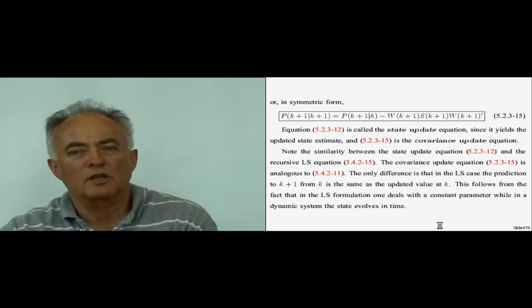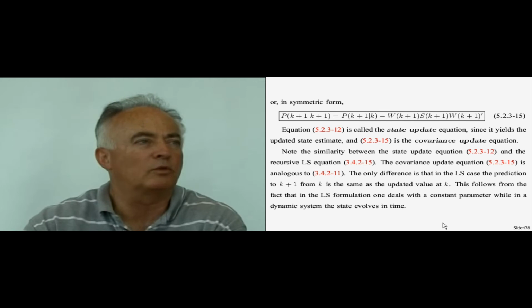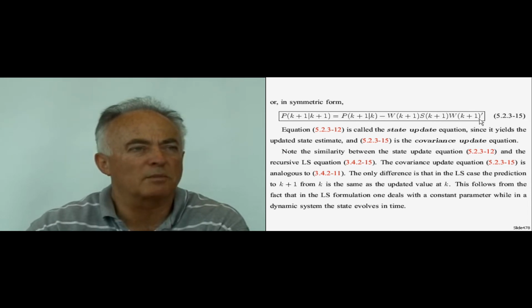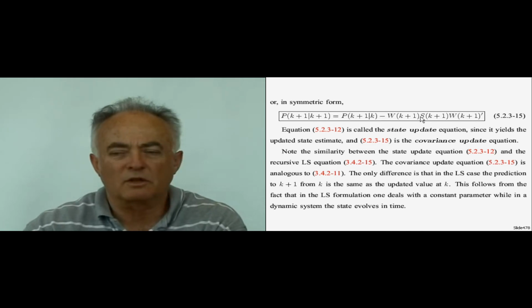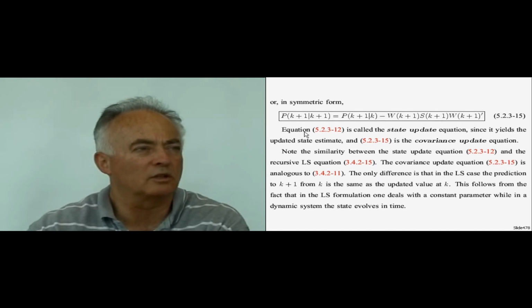However, since the last one does not look symmetric, we have a compact form in symmetric fashion, that P k plus 1|k plus 1 is P k plus 1|k minus W S W transpose. So, again, this is a third algebraically equivalent form, even though numerically there are different reasons that one is superior to another, as we'll see later.